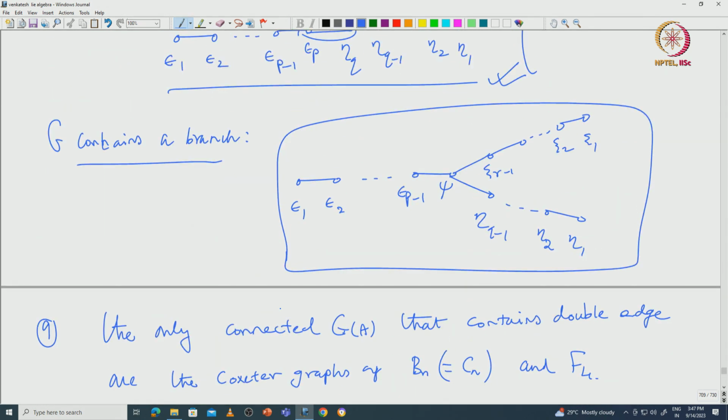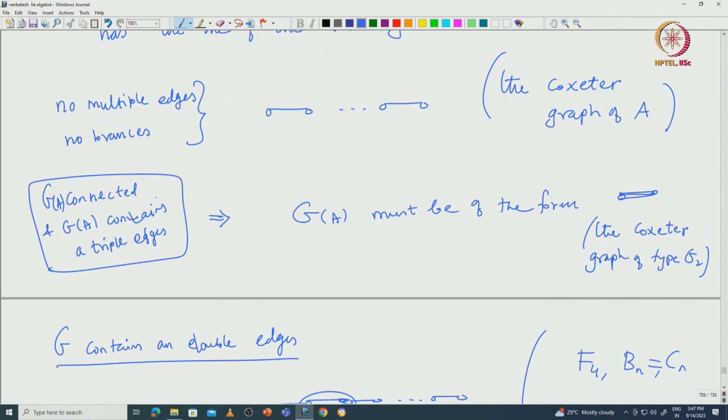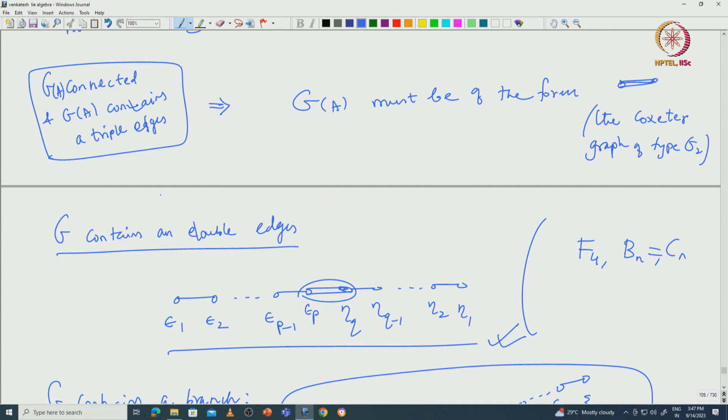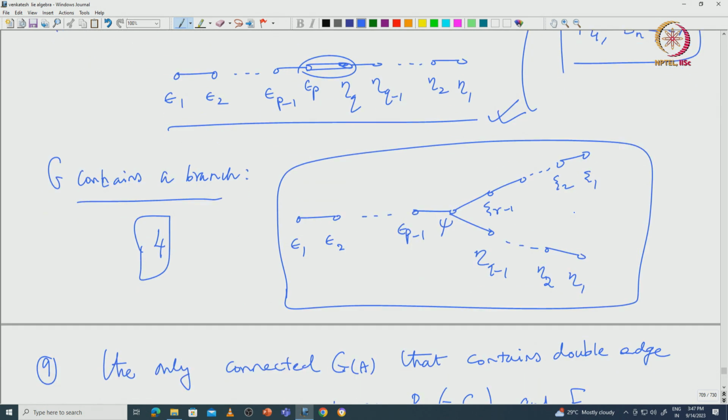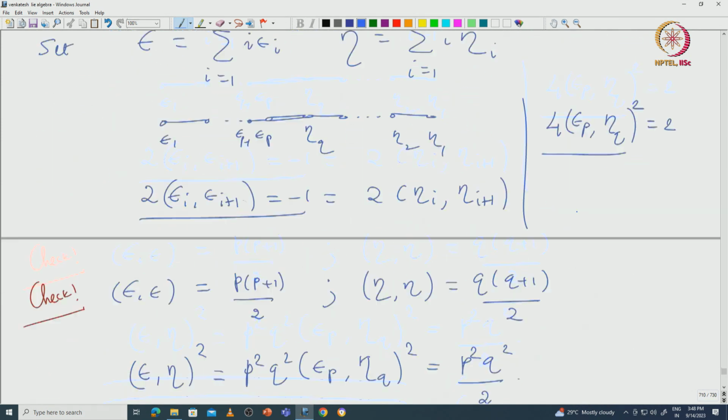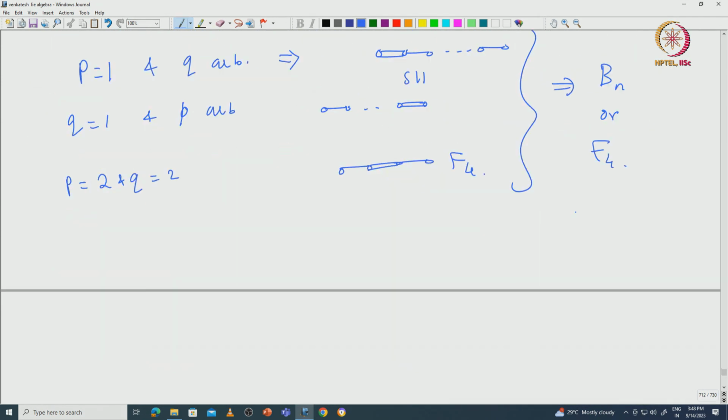So, let us say this is the fourth one, because the first one is type A and the second one is type G2, the third one is either F4 or Bn that we have seen, and the fourth one we want to understand. For the fourth one we get only the Coxeter graphs of either Dn or E6, E7 or E8. Again we will do a similar analysis.